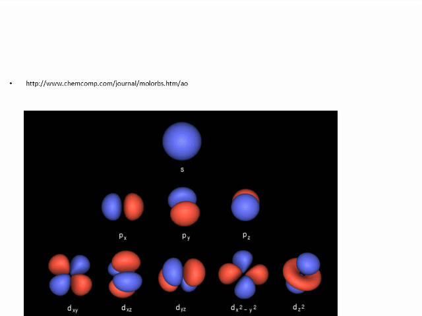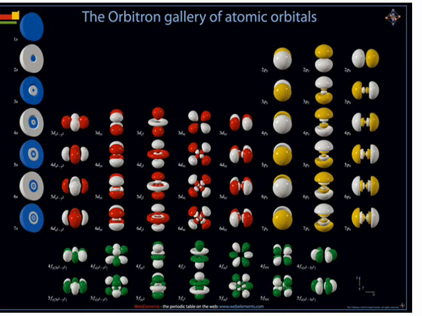And some more diagrams of those orbitals. Another pictorial representation. We don't have f here, but we have the p, where those electrons would be, and the d. This is, I think, pretty cool. I think it's really neat. You can see the orbitals, the Orbitron gallery of orbitals.